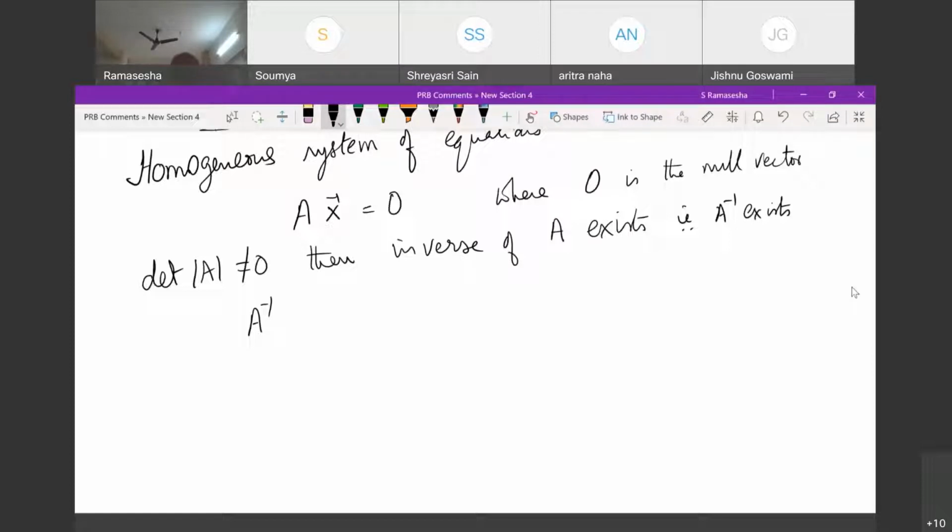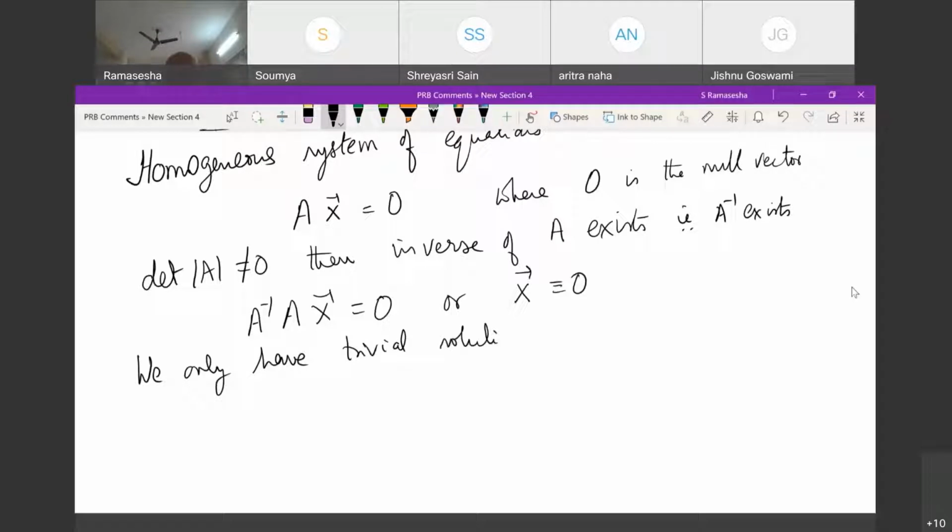If A inverse exists, then A inverse A x is equal to 0, or I get x is identically equal to 0. That means we only have trivial solutions if determinant A is not equal to 0.